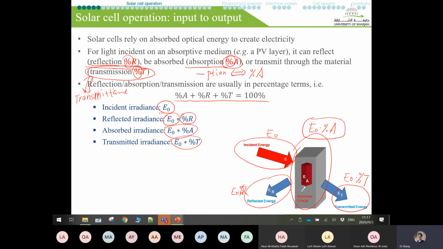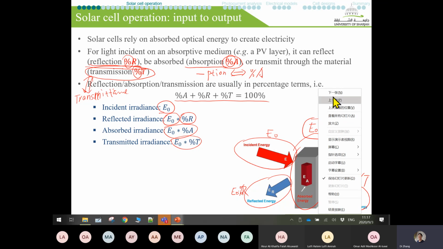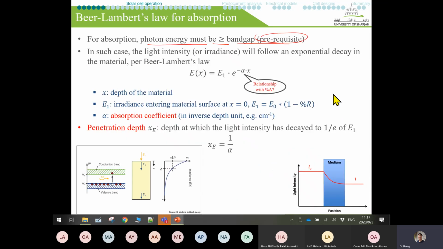So what is the general behavior for the absorption? We defined the percentage, but if we want to know how much actually gets absorbed inside the material, it follows a very simple relation. The I here indicates intensity, and for a light signal, this is equivalent to the irradiance.